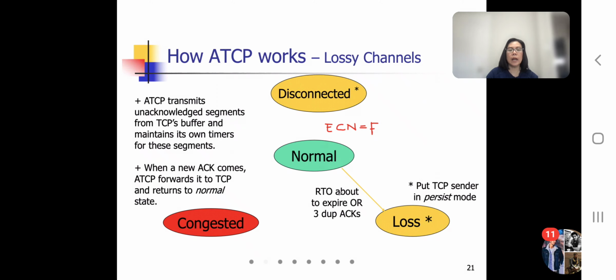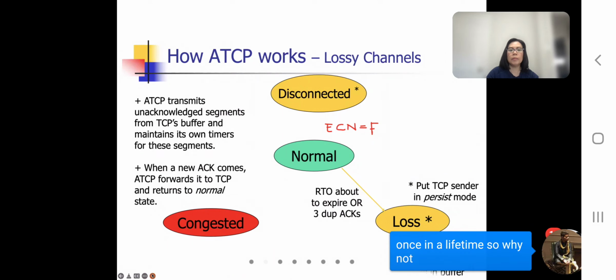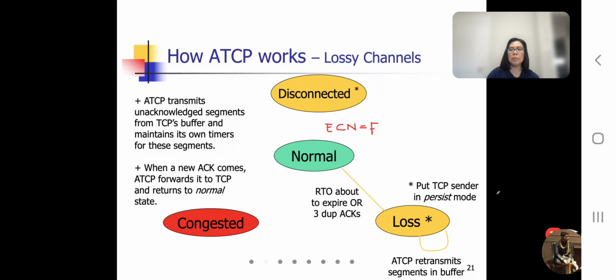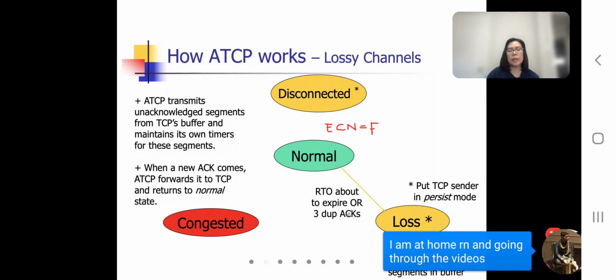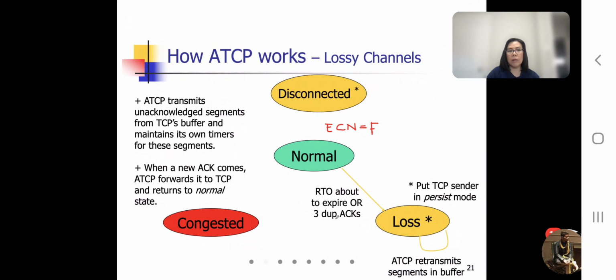So in this case, it would tell TCP not to do anything. TCP will be put in persist mode, so TCP should not do anything. Now, normally TCP would retransmit the lost packet, and it will also reduce the window size.